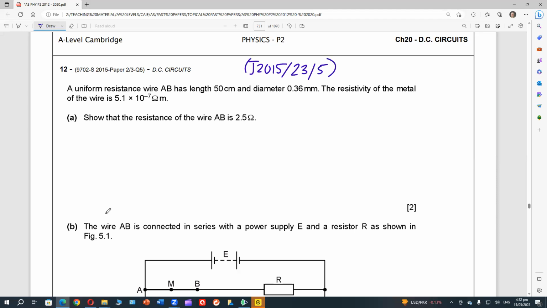Now, this is our next question. A uniform resistance wire AB has length 50 and diameter 0.36. The resistivity of the metal is this. Is a resistance.